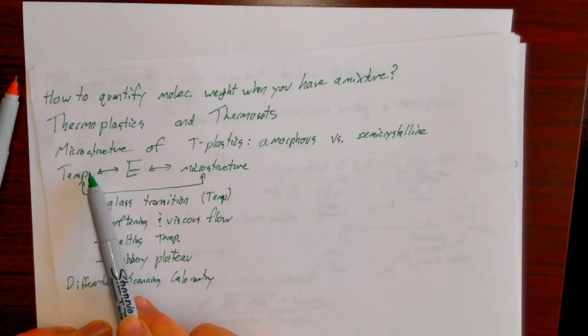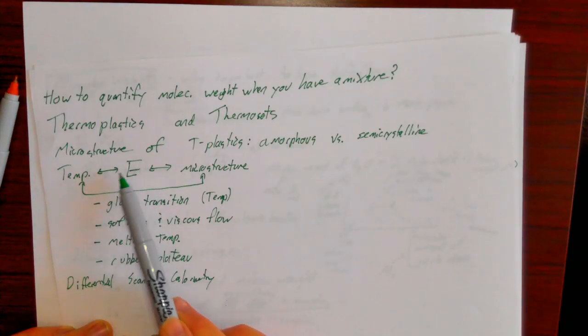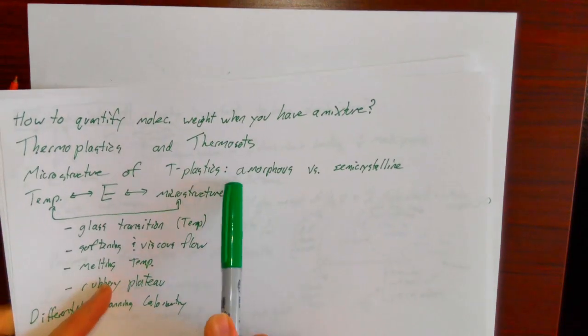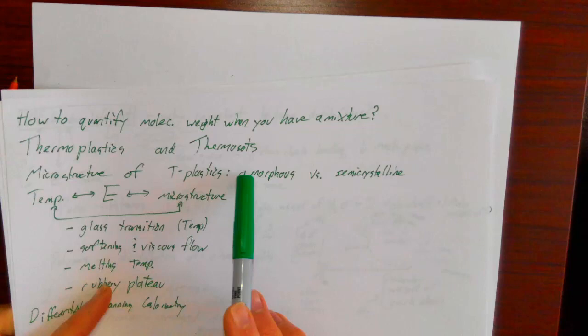Let's now look at connections between temperature, stiffness, or maybe some other mechanical properties, and the microstructure of what's going on. And in particular, let's look at amorphous versus semicrystalline polymers.